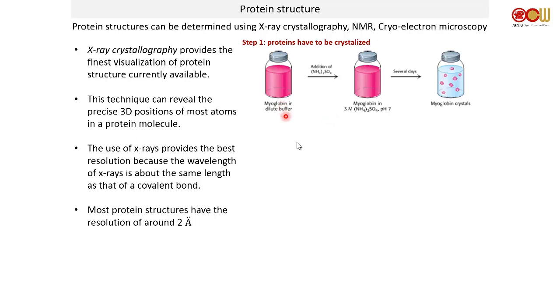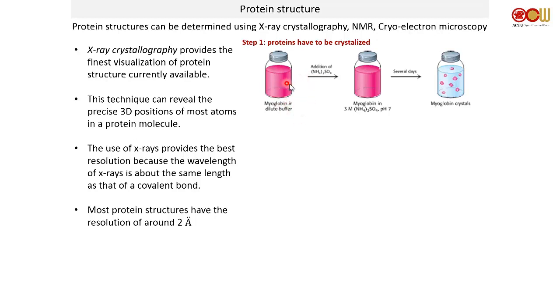Okay? Now, the way it works is like this. Step one, you have to first get a crystal of your protein. Okay, so proteins have to be crystallized. Now, this example is myoglobin. We'll actually talk about myoglobin in a couple of weeks. Myoglobin is the protein that binds oxygen in your muscle cells. Okay?